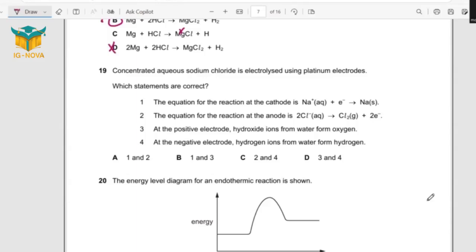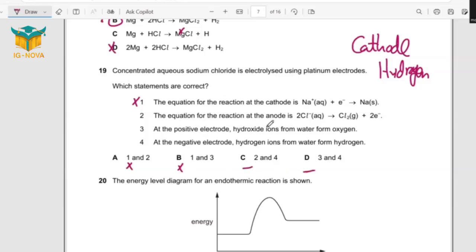Concentrated aqueous sodium chloride is electrolyzed. Don't forget, if you don't have copper, the cathode product will be hydrogen. I'm talking about a solution, not molten. So the equation for the reaction at the cathode is Na. This is wrong, so one is out.